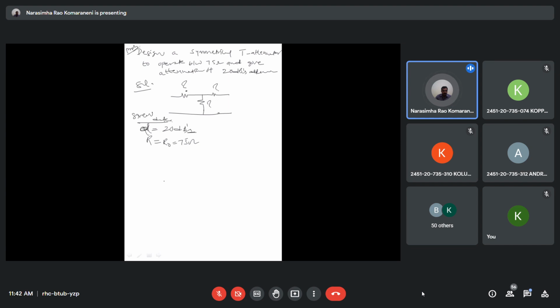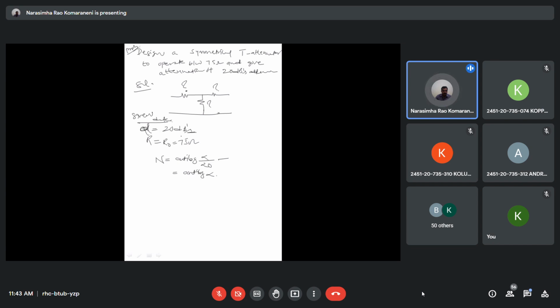Now, for this given data, we will find out the capital N value.